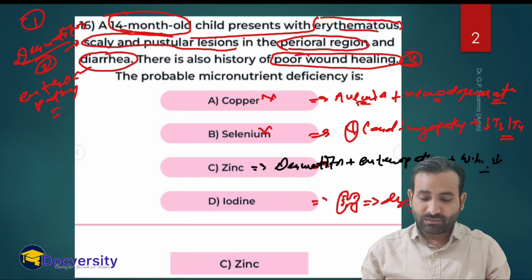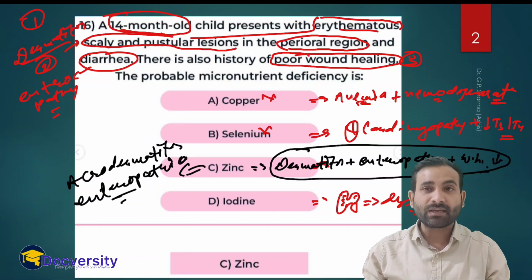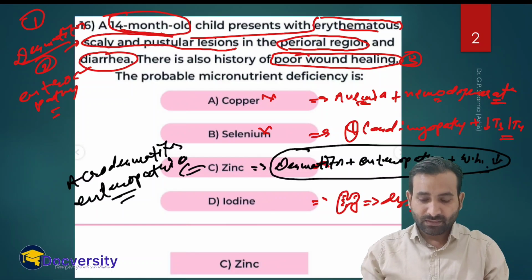These features are consistent in a child with acrodermatitis enteropathica. Acro means limbs, so there will be dermatitis within the limbs, and then there will be wound healing problems, and then the enteropathy, which in the question is shown by the diarrhea. Is that okay? So hope you understand.